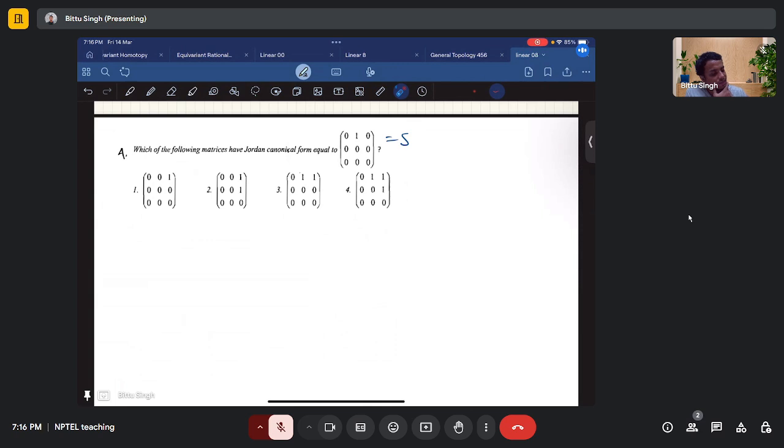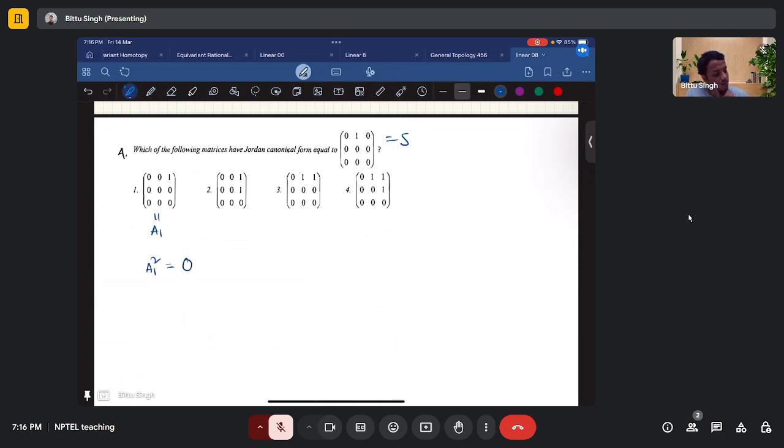So if we see the first matrix, let me give it the name A1. The condition it satisfies is A1 square equal to 0, right?